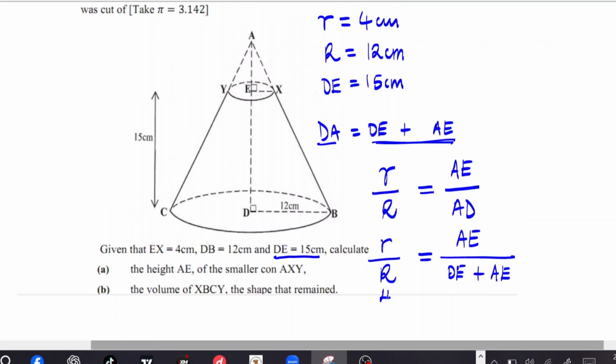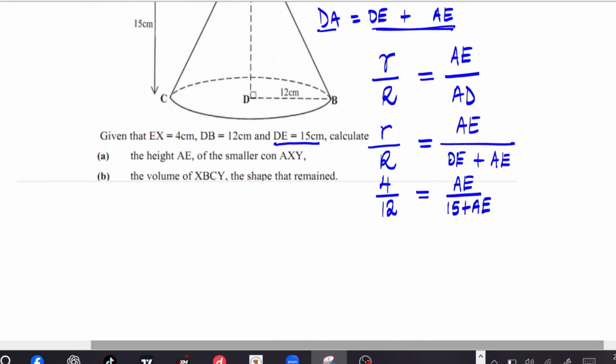So just put 4 over capital letter R, 12. Then equals AE, which is what we are going to find, over DE, which is 15, plus AE, which is an unknown.